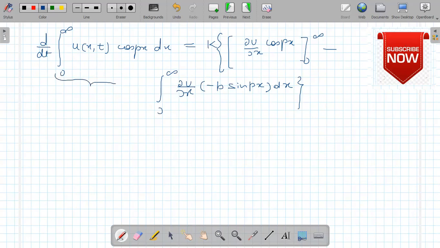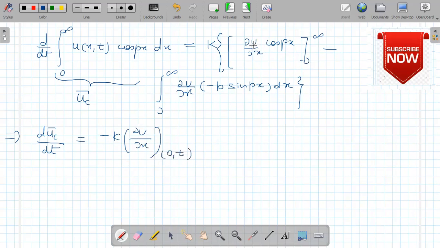So this whole expression can be denoted by u c bar. So we can write this as d u c bar over dt equals minus k, because at the upper limit this is 0, at the lower limit this will be del u by del x at the point 0 comma t.